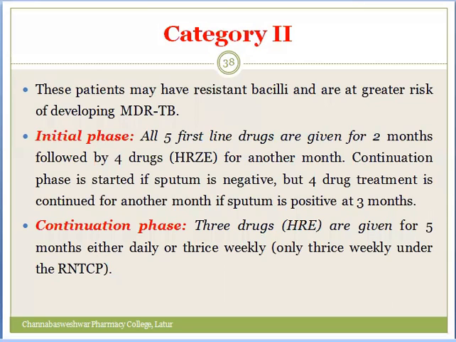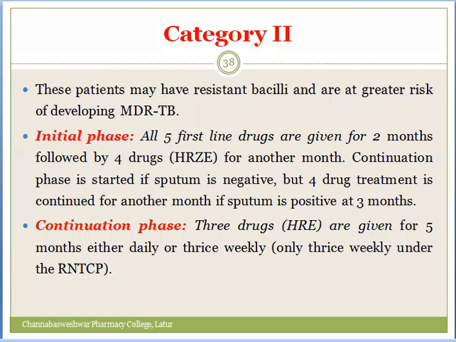Here we will discuss the pharmacotherapy for category 2 patients. These patients may have resistant bacilli and are at greater risk of developing MDR TB, that is multi-drug resistant TB, meaning resistance to antitubercular drugs. So look at the pharmacotherapy.